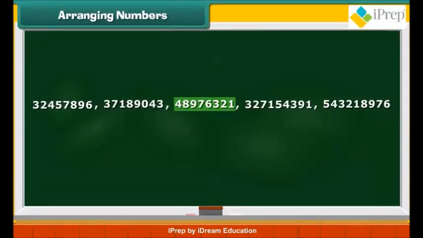The third 8-digit number begins with 4. 4 is greater than the first digit 3 of 371,890,43. Therefore, 48,976,321 is the largest 8-digit number. It appears after the other two 8-digit numbers.